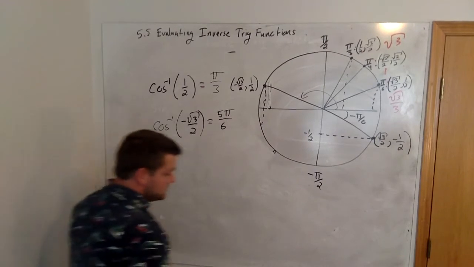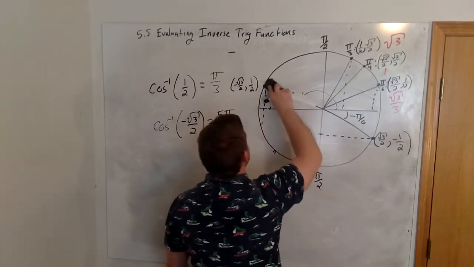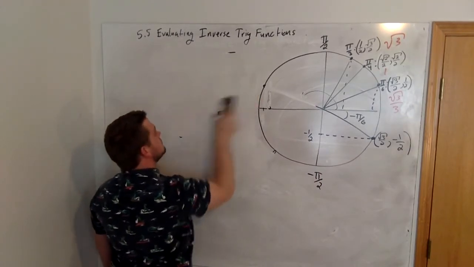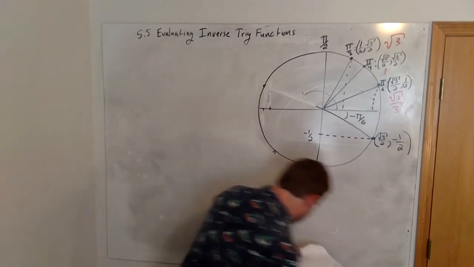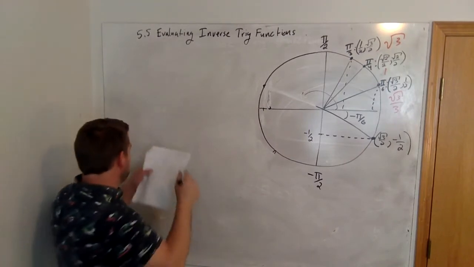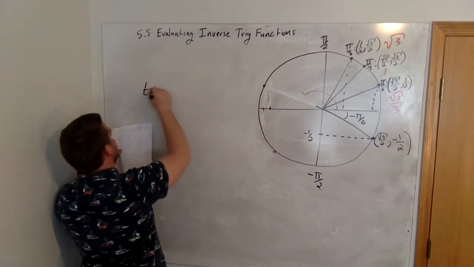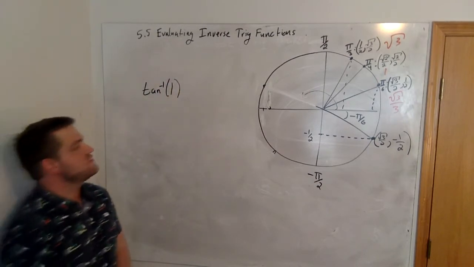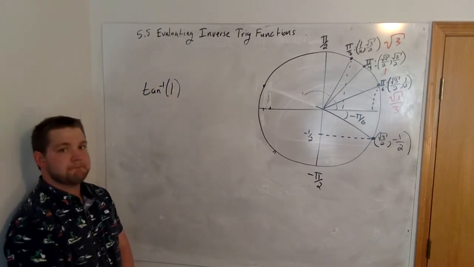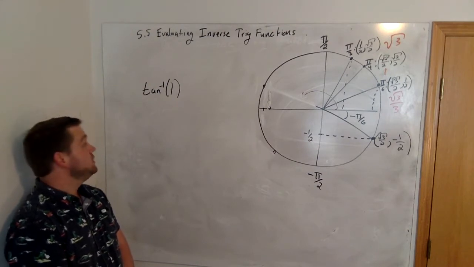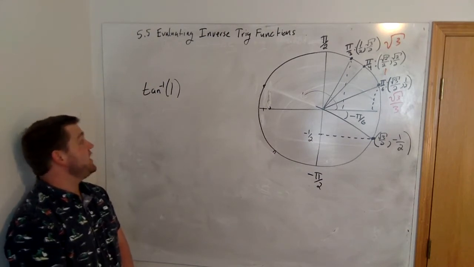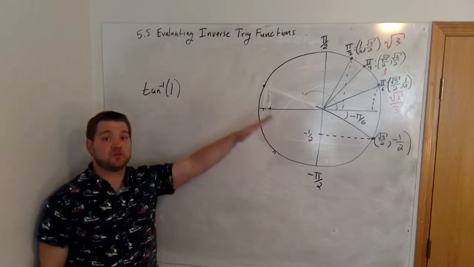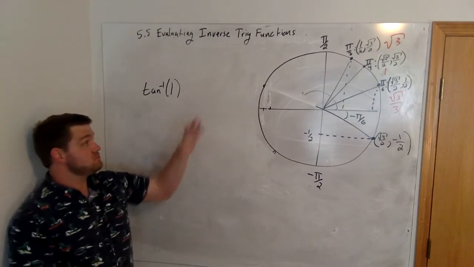Okay, let's do some more. Let's say we want to know what tan inverse of 1 is. Go ahead and take a second and try to think about what tan inverse of 1 should be. So what we're asking here is what angle on the unit circle gives us a tangent, the slope of the line, of 1.